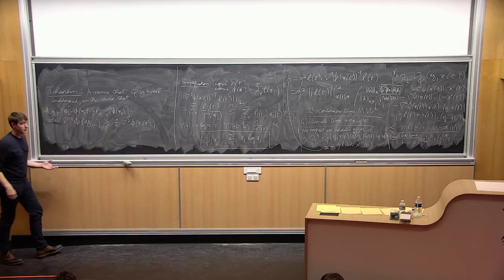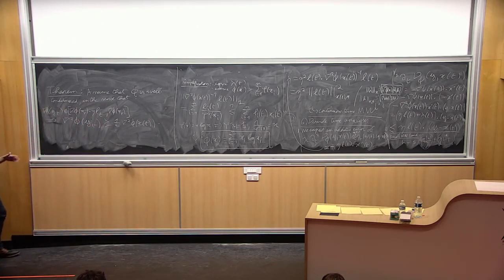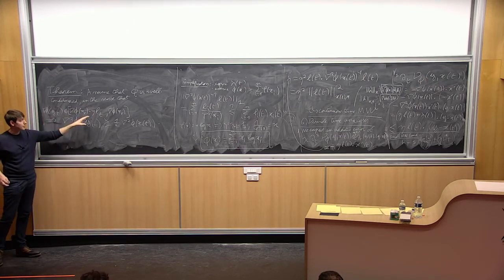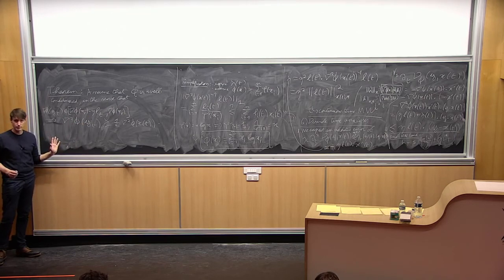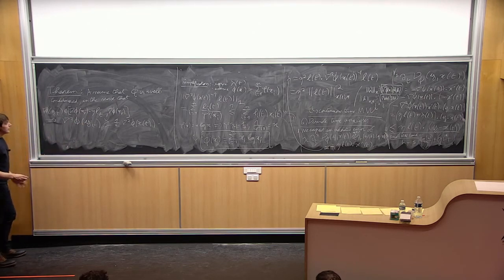So let's assume that our function phi is not too crazy, meaning, again, that on the scale of a mirror step, the Hessian does not change too much. Then what?